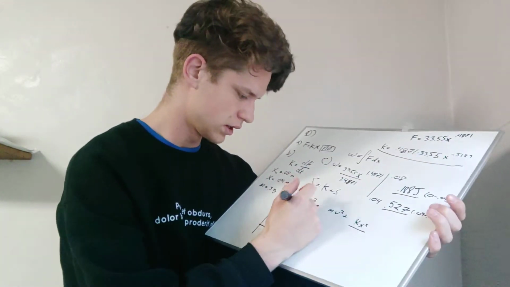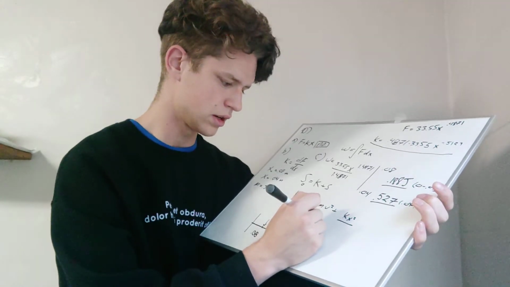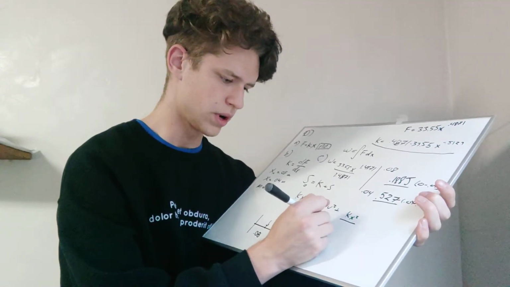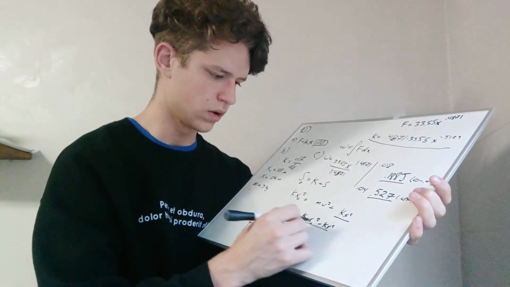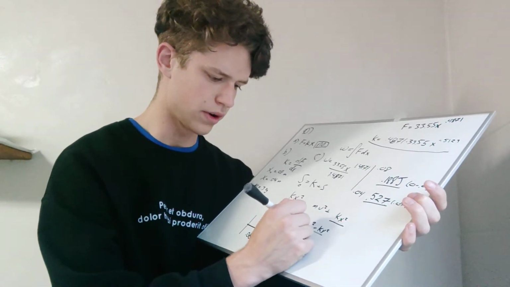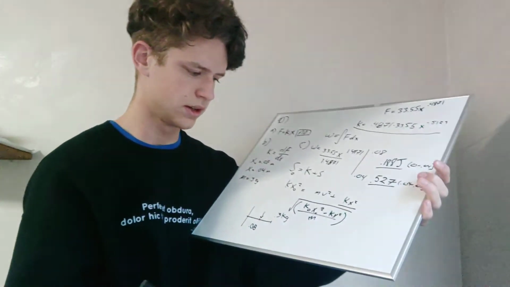Let me just write this down so I don't screw things up. So it'd be k naught x naught squared minus k x squared, all over m, and then the square root of all of that.